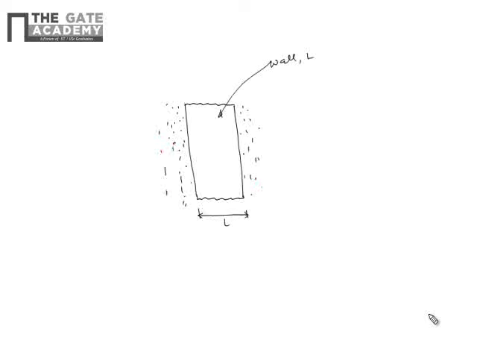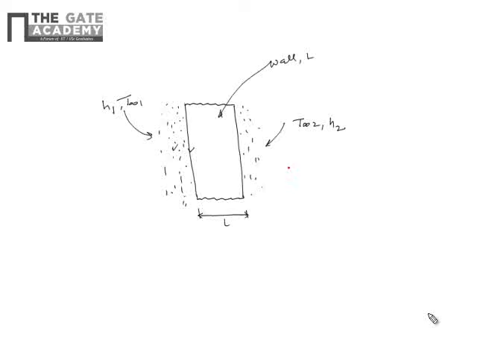Let us say the fluid temperature on left hand side is T∞1 and the fluid temperature on the right hand side is T∞2, and the convective heat transfer coefficient between fluid and left hand surface is H1, and on the right hand side is H2.